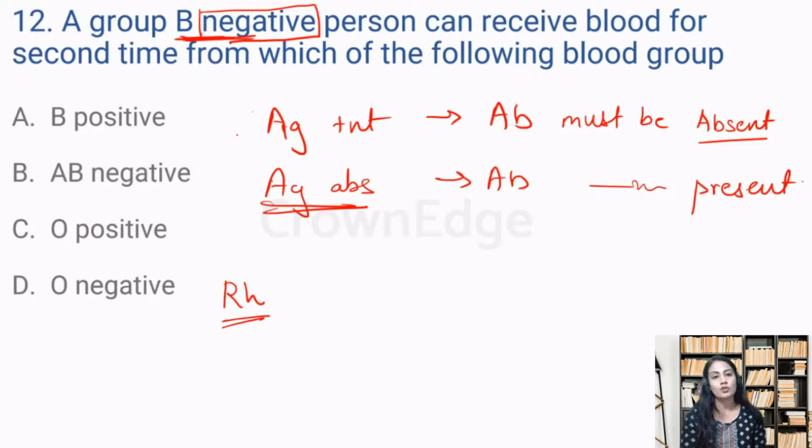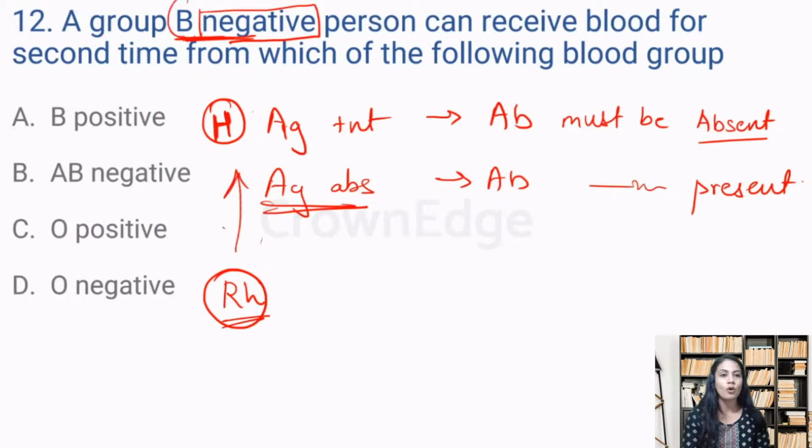There are two antigens. First is the H antigen, and then the Rh antigen. The H antigen can be of A type or B type. Whether it is present or absent, depending on that, the blood group will be decided, right?